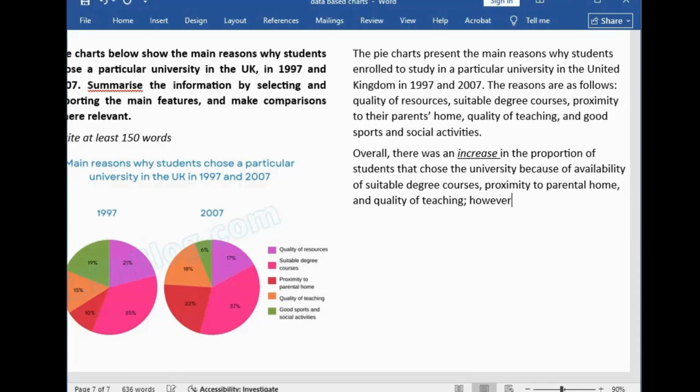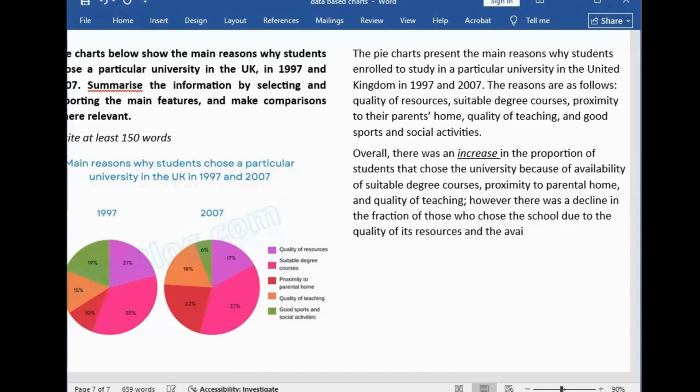However, there was a decline in the fraction of those who chose the school due to the quality of its resources and the availability of good sports and social activities.